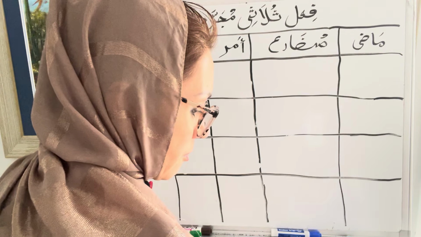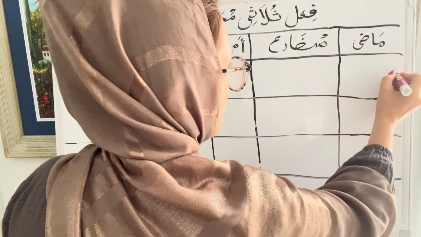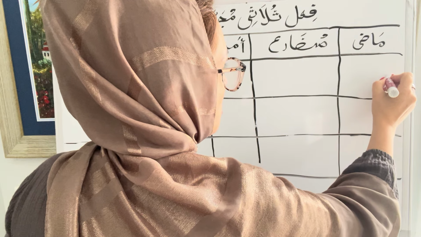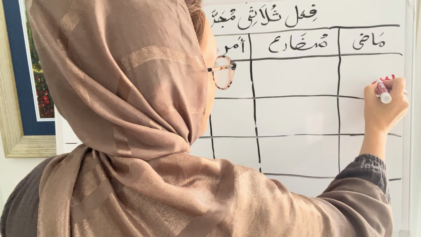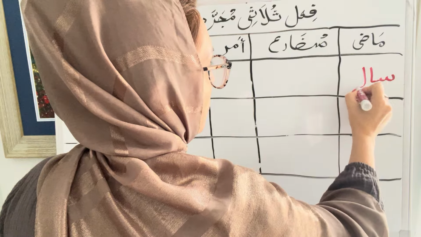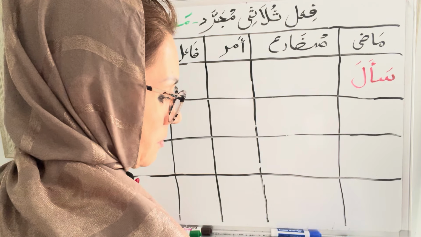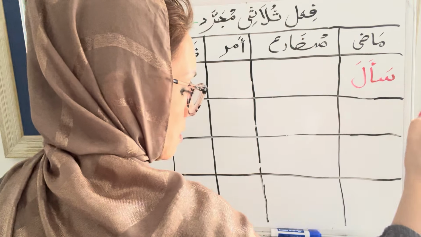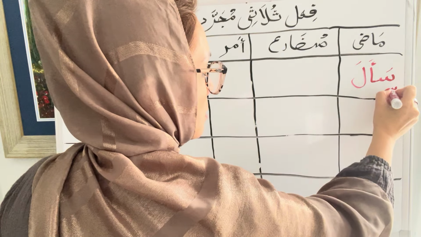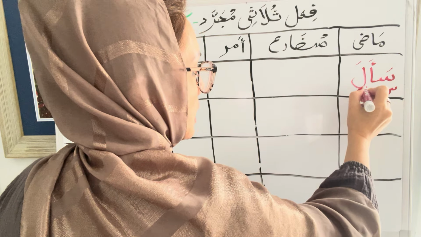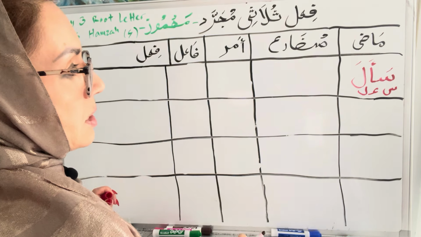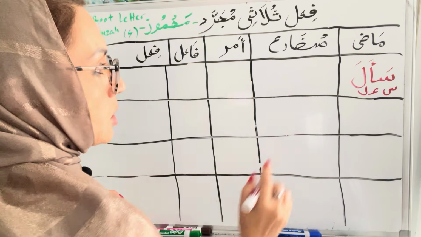The first word that we have is sa'ala, and of course I'm going to give you the root letters as well. Sa'ala is sin, hamza, and lam. Sa'ala, yas'alu.